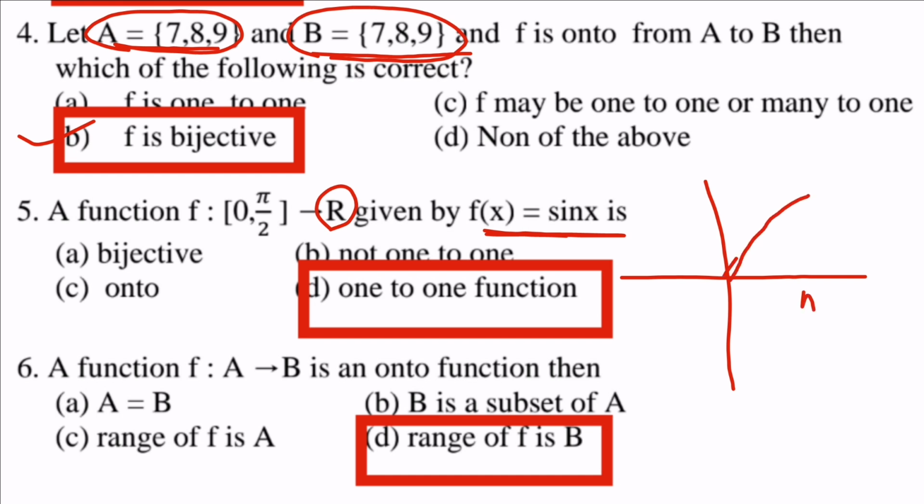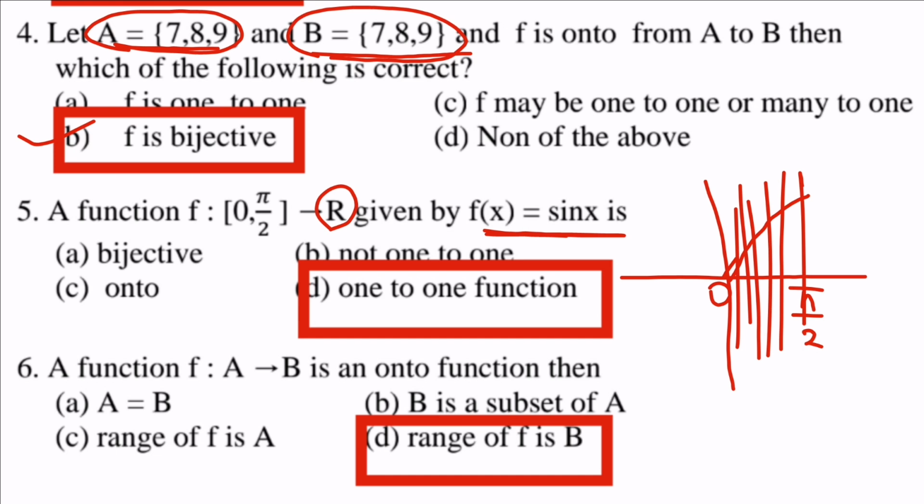This will be pi by 2 and this is 0. So in this case, we see by the vertical line test that the function is 1-1 but not onto because the complete range is not utilized.